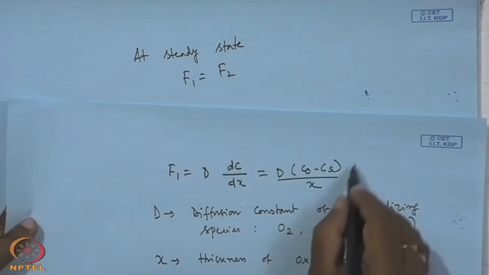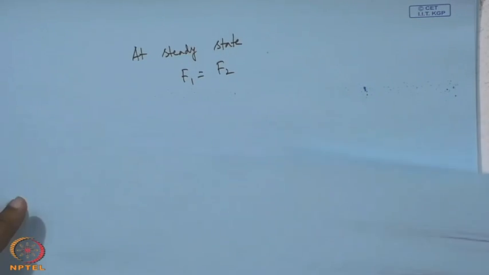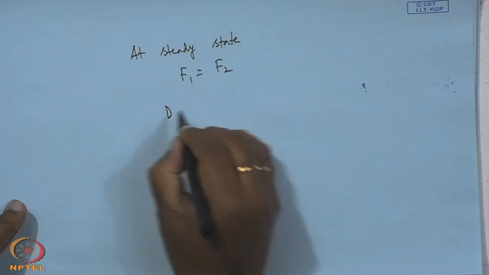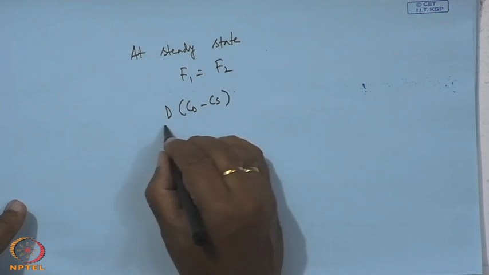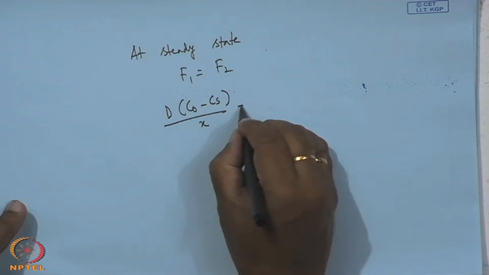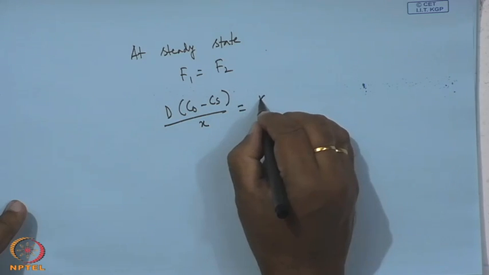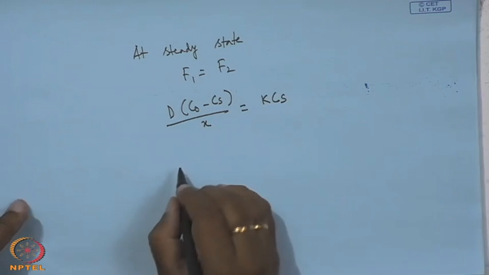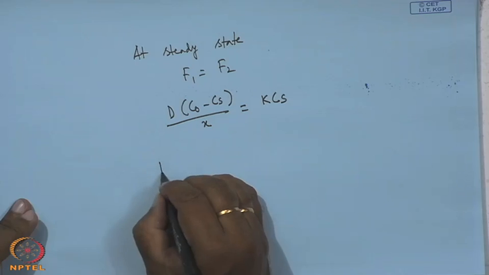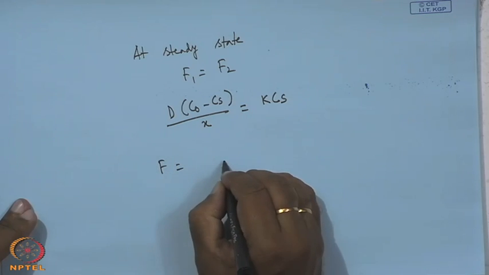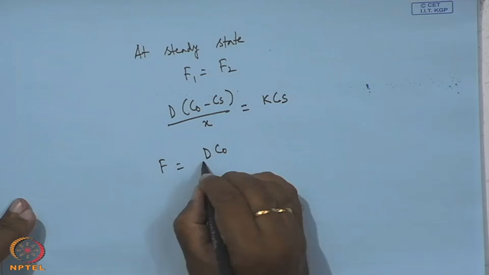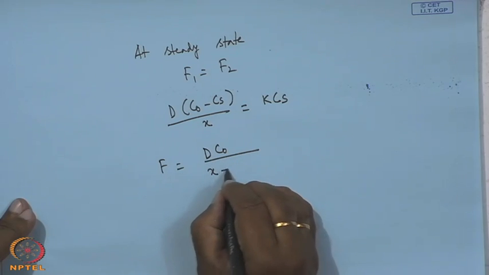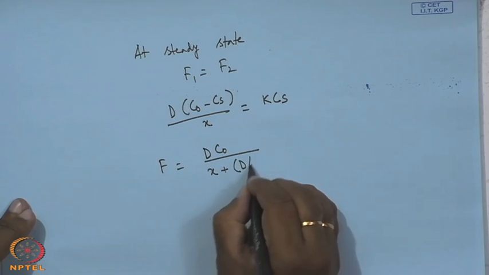F1 is D (C0 minus Cs) by x, and that equals k Cs, and we can write that F equals D C0 by (x plus D by k).